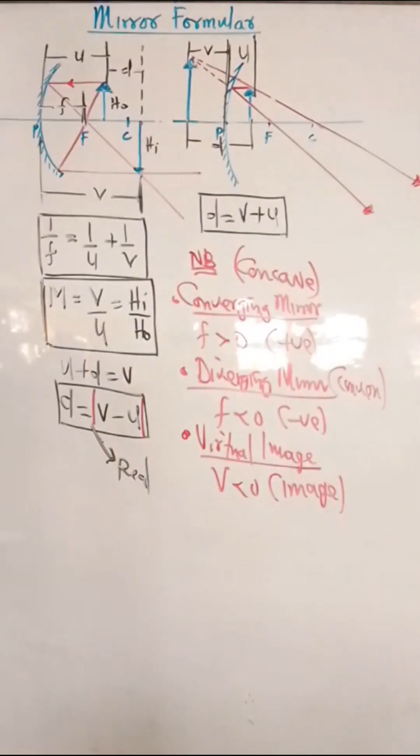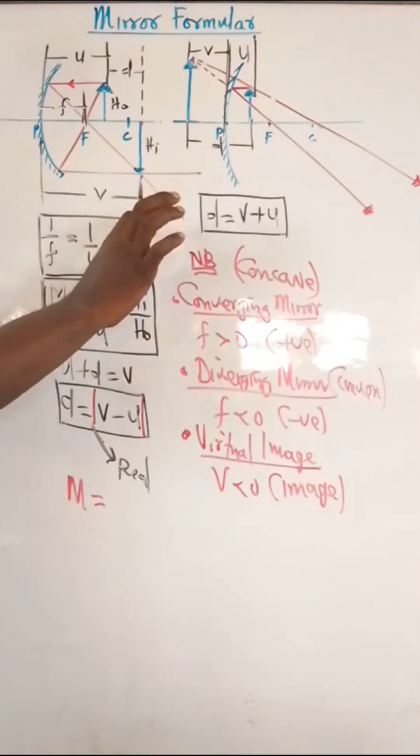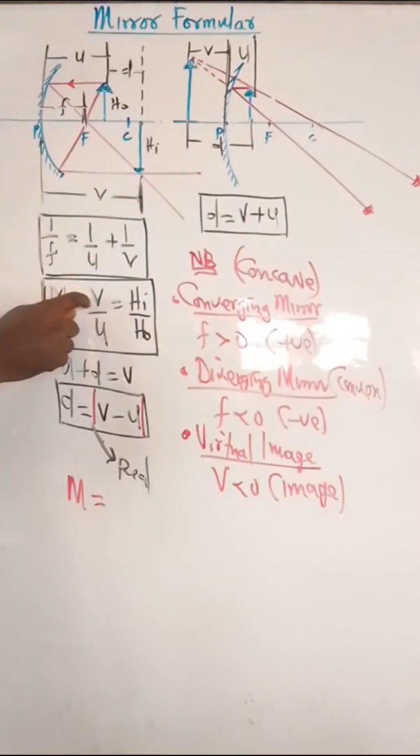Although, to save time, we can add two extra formulas for magnification. Sometimes you will not be given u and v together. They can give you f and v in terms of m. So we can get other formulas for magnification in addition to this, which we will note here. Our m can also be equal to, for example, if you are not given v, we write v in terms of f and u.